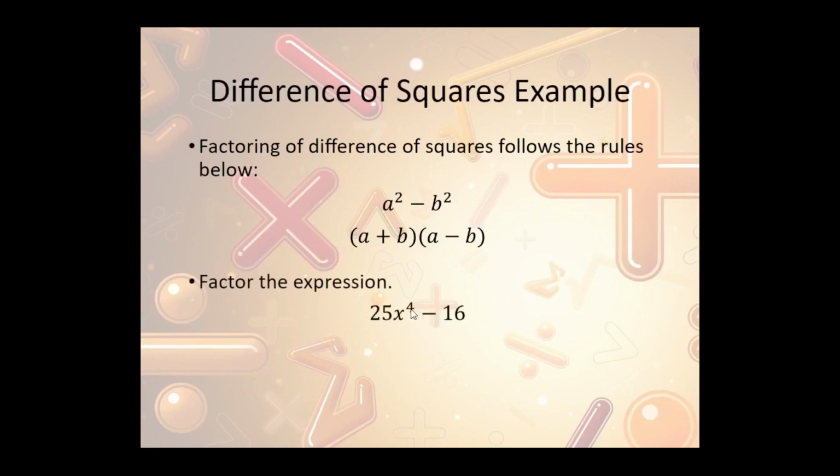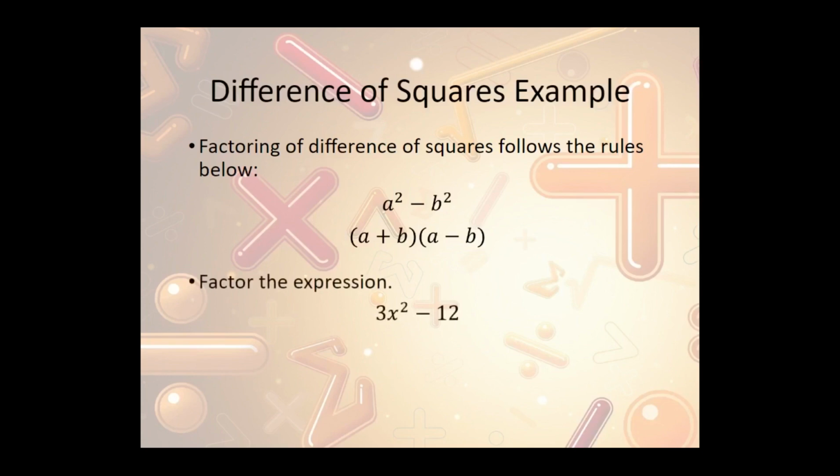We have a power of 4 here, but is that still a perfect square? Well, we know 25 is a perfect square, and x to the 4th is really x squared squared. So we can go ahead and enter that in. This is 5x squared plus 4 times 5x squared minus 4, and that would be our difference of squares.